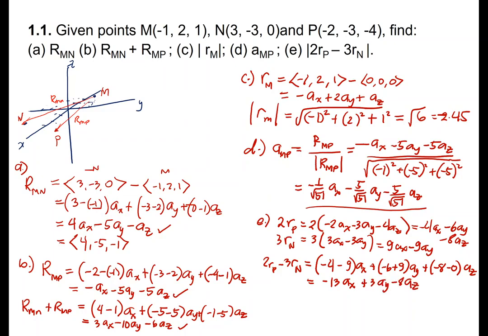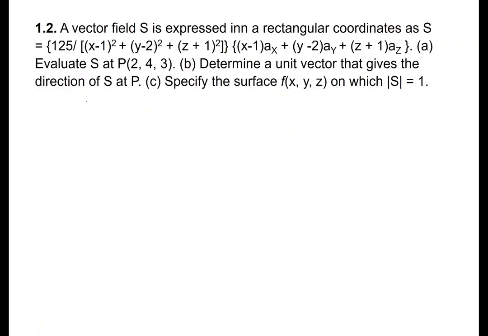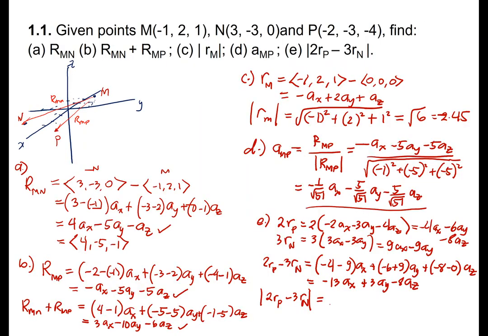Now we're not yet done because the problem is asking for the magnitude of this operation. To get the magnitude, we just need to do a simple operation. We have the square root of negative 13 squared plus 3 squared plus negative 8 squared.